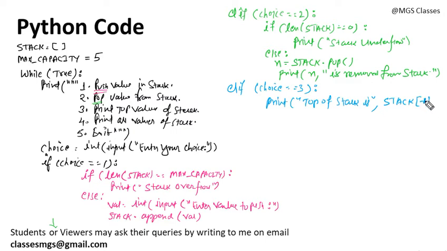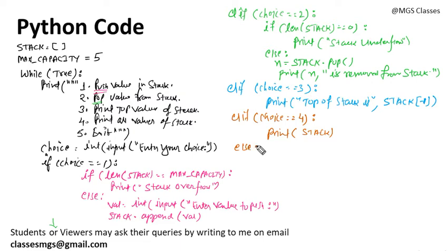Using negative indexing you can access the last element. And now the next condition, elif choice equals 4, then you print the complete stack, the stack values. So all the values we are printing.